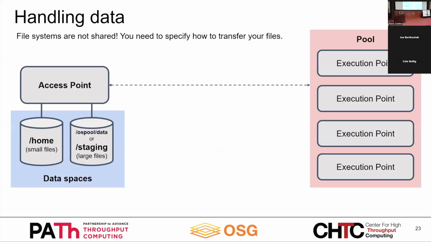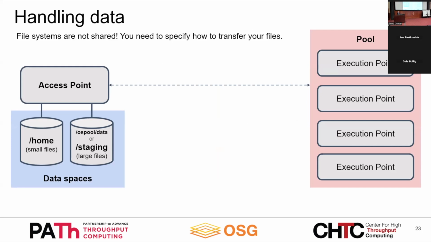So one more thing about putting your jobs on our system is about handling data. And for users new to Condor, this is a pretty difficult concept because they are used to a system where everything is shared, right?